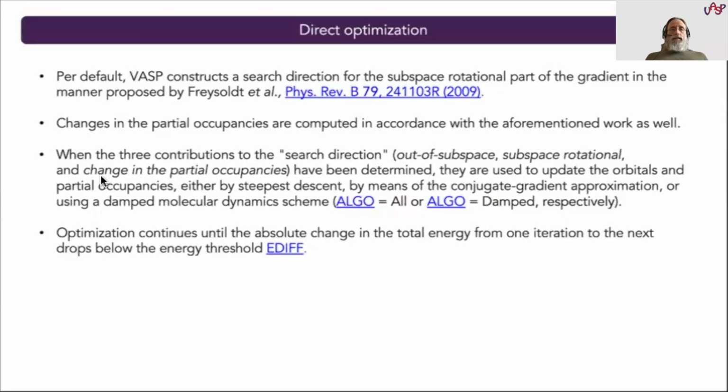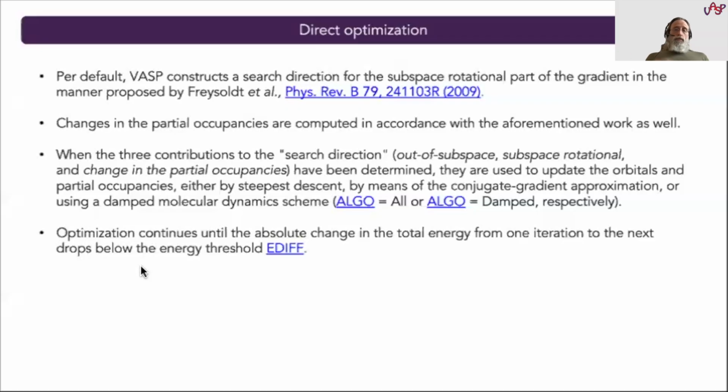If one has these search directions, and you can read the paper of Freysoldt if you want to know how they are constructed exactly, then we can use a conjugate gradient approximation or a damped molecular dynamics scheme, a damped velocity friction algorithm, to minimize the Lagrangian with respect to the orbitals. So we change the orbitals in such a way that the Lagrangian is minimized.